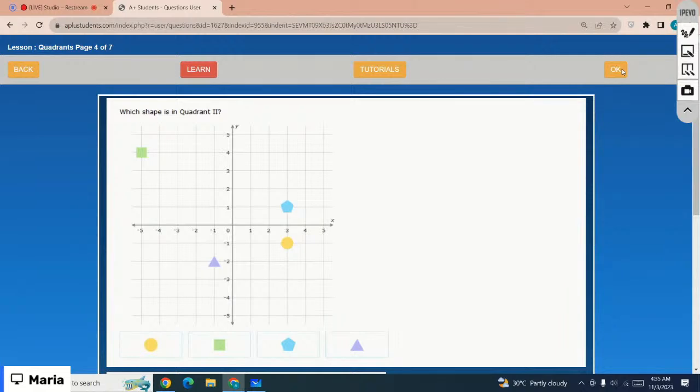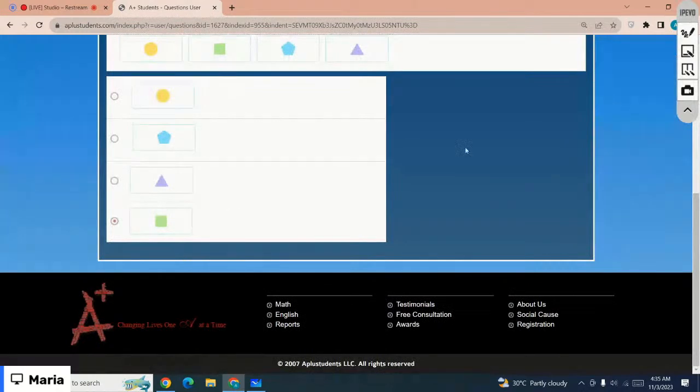In the second quadrant you have a square, right?